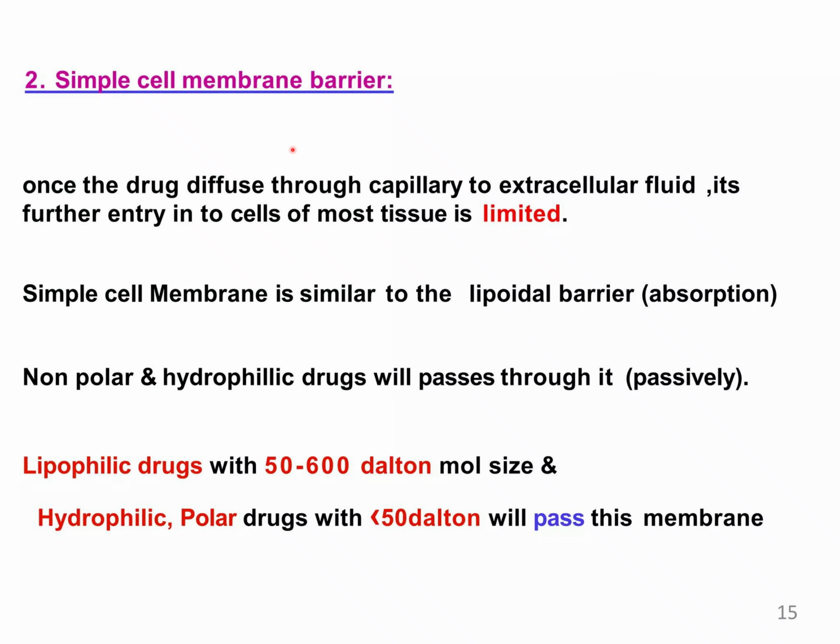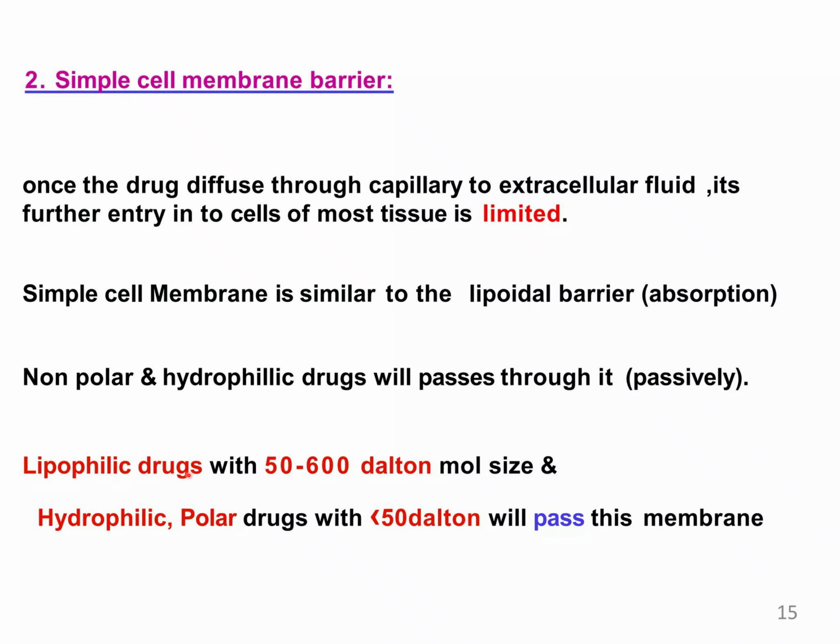Then the simple cell membrane barrier. Once the drug diffuses through the capillary to the ECF, its further entry into cells of most tissues is limited. The simple cell membrane is similar to a lipoidal barrier. Lipophilic drug with 50 to 600 Dalton molecular size and hydrophilic drug with less than 50 Dalton will pass this membrane.